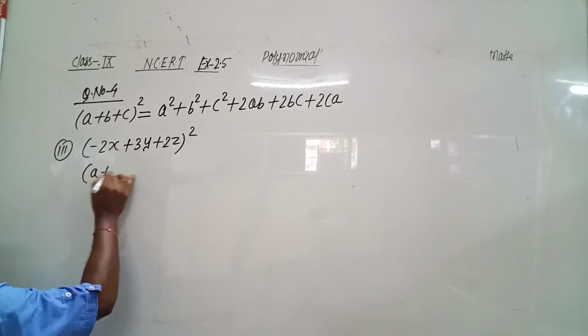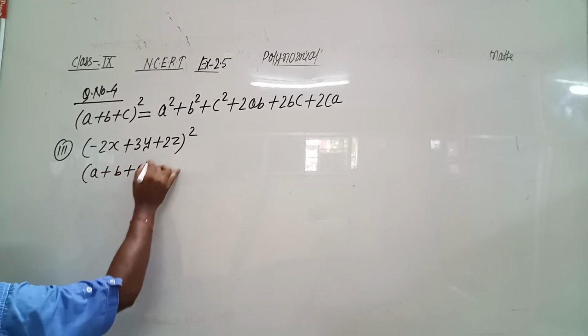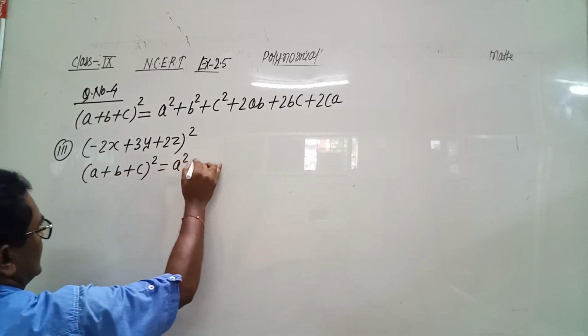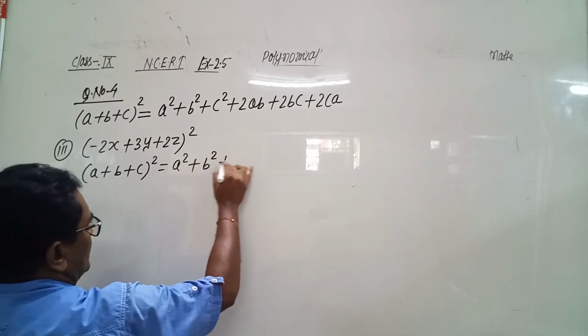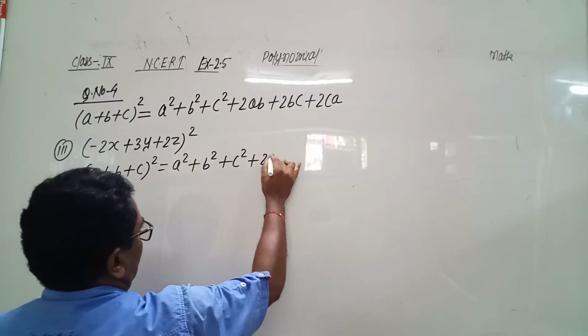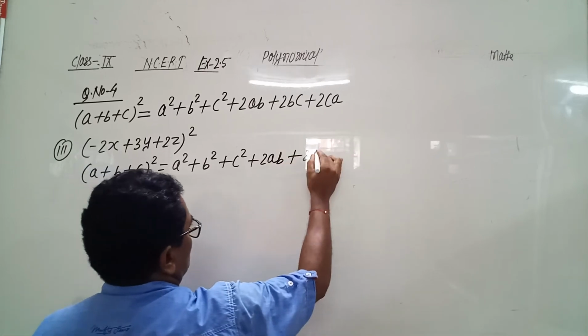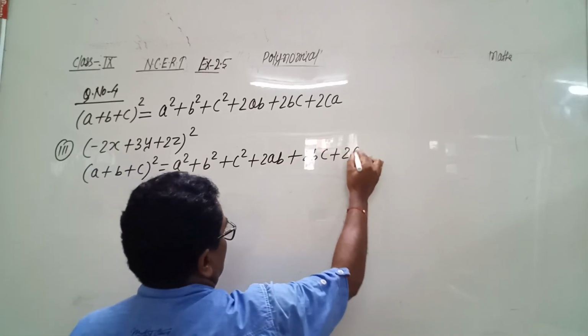We write the formula: a plus b plus c the whole square equals a square plus b square plus c square plus 2ab plus 2bc and plus 2ca.